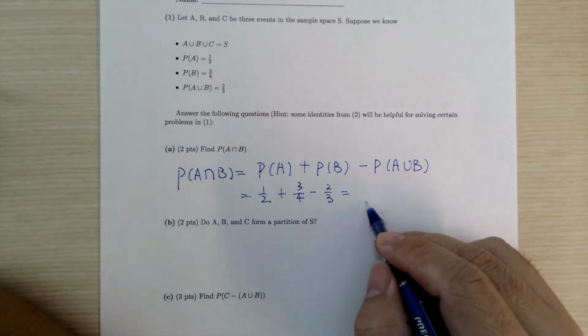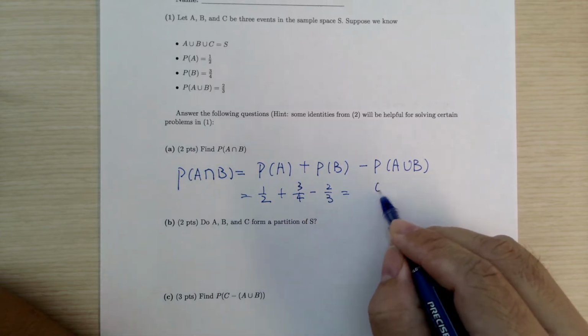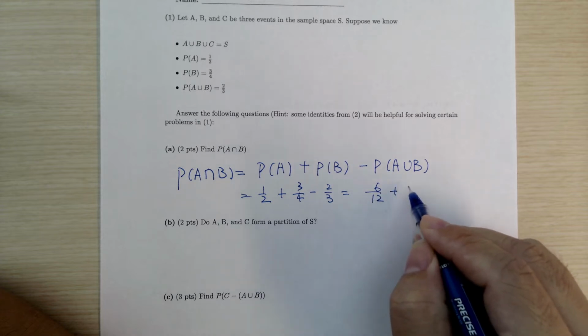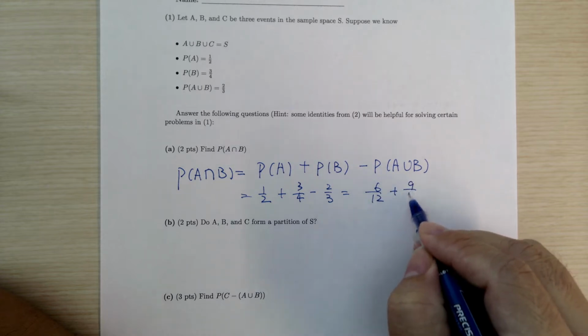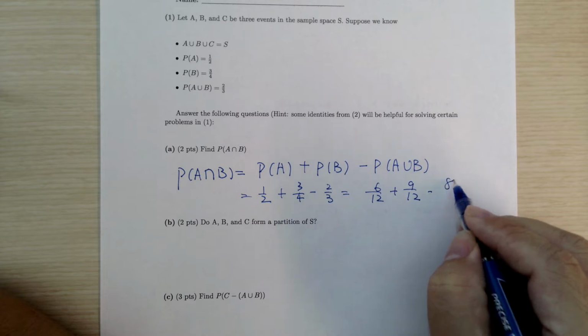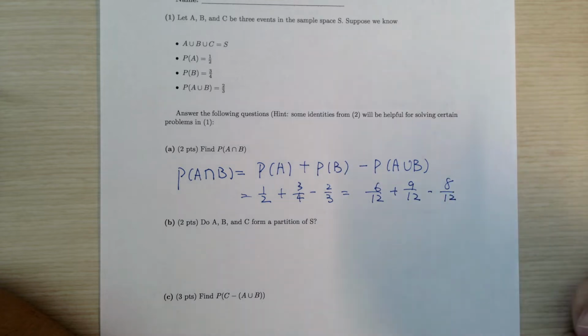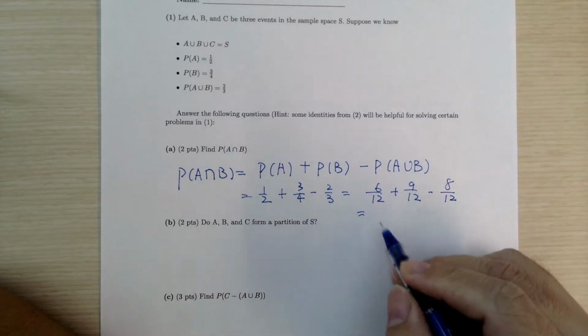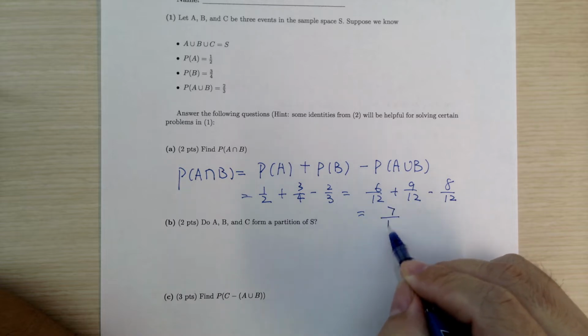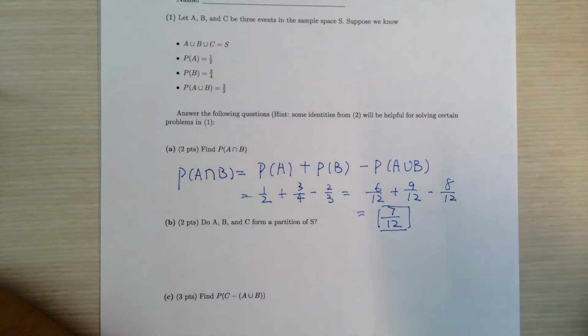So we can let them have the same denominator, so it's 6/12 plus 9/12 minus 8/12, right? So we're going to have 7/12 as the first one. Okay, so that's the first problem.